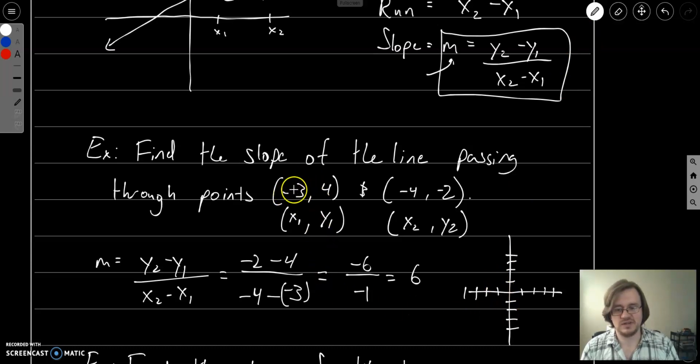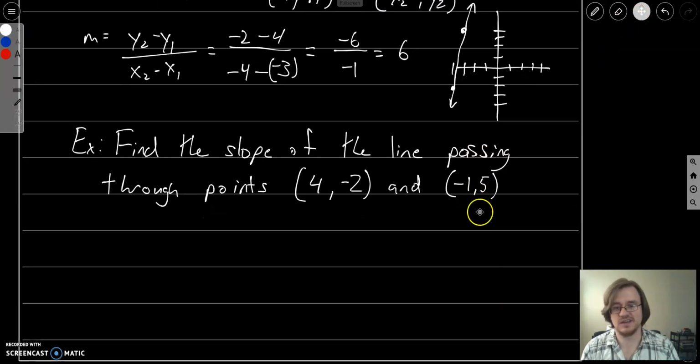If I graph these 2 points, -3, 4, and then -4, -2, down to here. So this is a pretty steep line. It goes up quite rapidly. So our slope is going to be 6. Okay, so this is a line with slope 6. Please forgive the poor drawings.